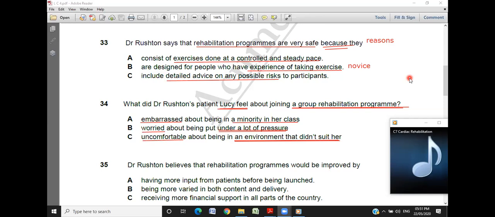Significantly more men than women have heart attacks, but this imbalance didn't bother her much. She thought the instructors would probably be fairly strict, which she felt she could cope with. However, Lucy still didn't show up for the first session. But when she overcame her dislike of being in a gym, she found it more enjoyable than she imagined, and stuck with it. Let's consider how rehabilitation programs could be.